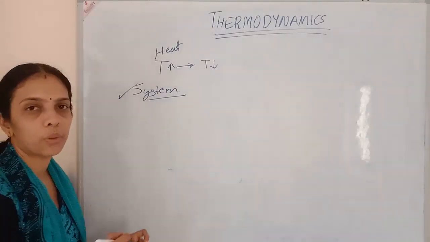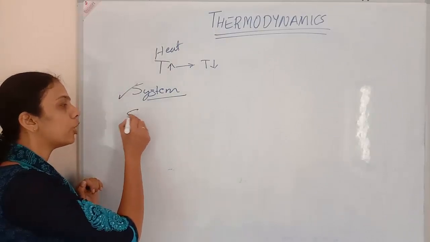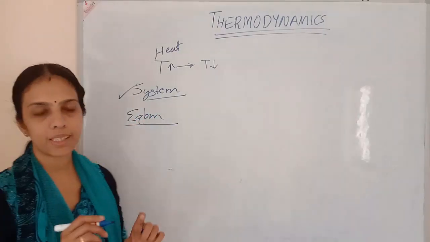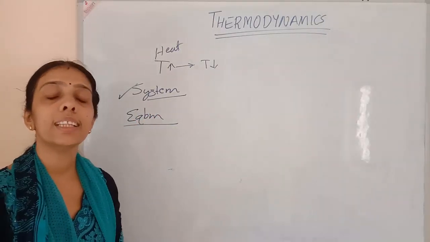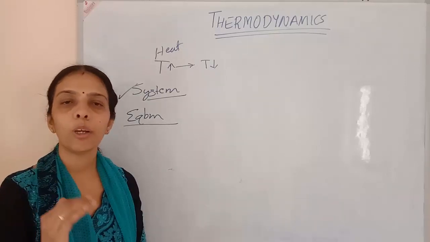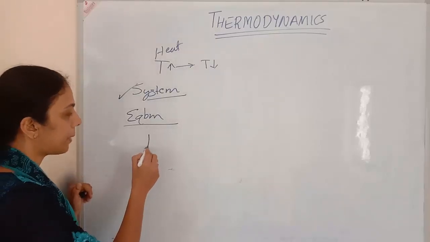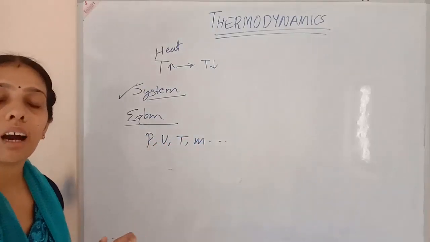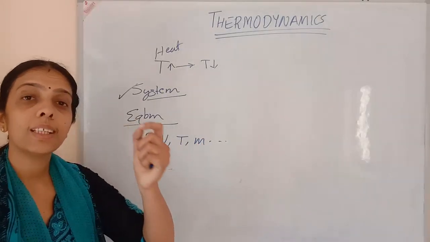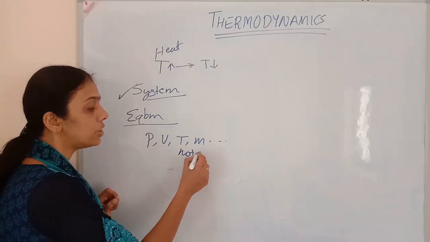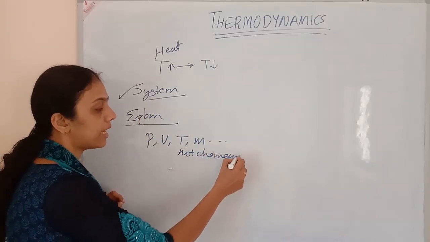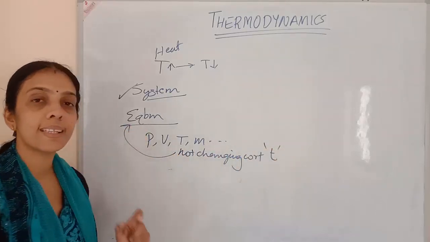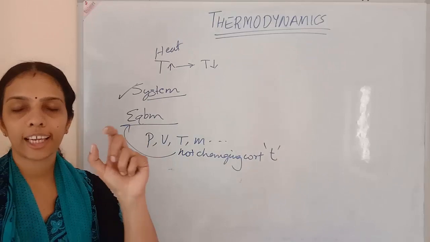Next we are going to study thermodynamic equilibrium. What is meant by thermodynamic equilibrium? Equilibrium stage means, what is the meaning of that? See, there are macroscopic variables. What are those macroscopic variables? Pressure, volume, temperature, mass, etc. If all these are not changing with respect to time, then we can say the system is in thermodynamic equilibrium.